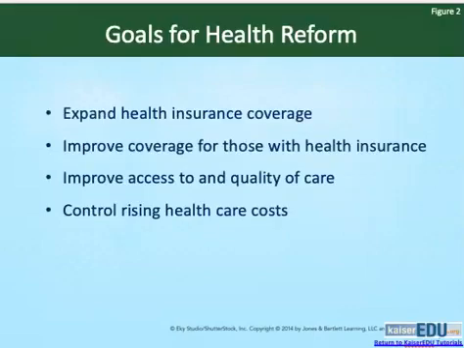Okay, so before we get into specific provisions of the law, it will be helpful to understand what the law itself wanted to achieve. A lot of people can agree that there are so many underlying problems with our system. The law was basically launched in 2010, but in 2009, there were 50 million citizens and residents of the United States who did not have health insurance or were underinsured.